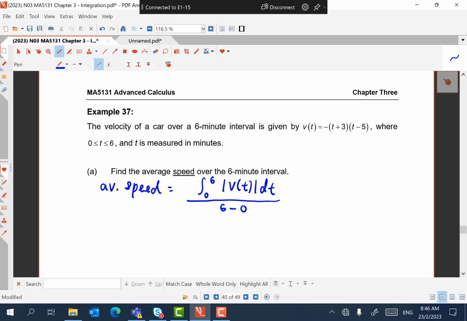But you can do it like this, or you can do it like this. For those who have drawn the graph, at least in your mind, you could have done it like this.